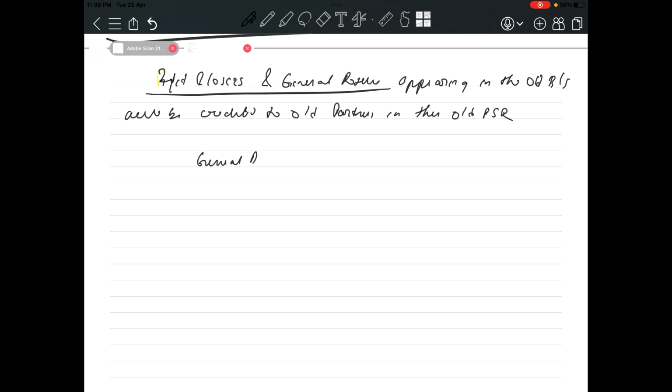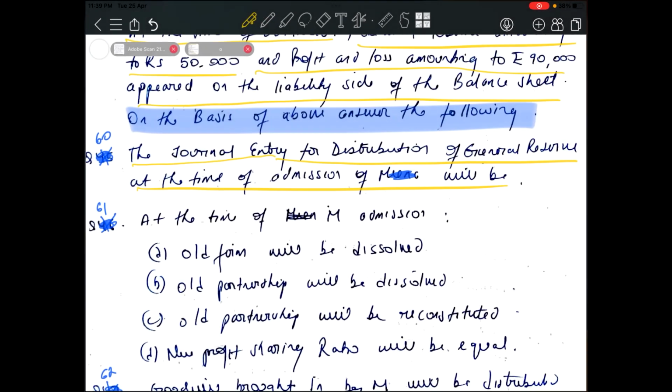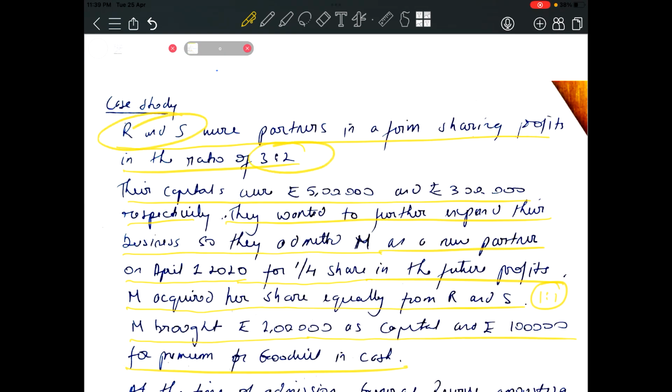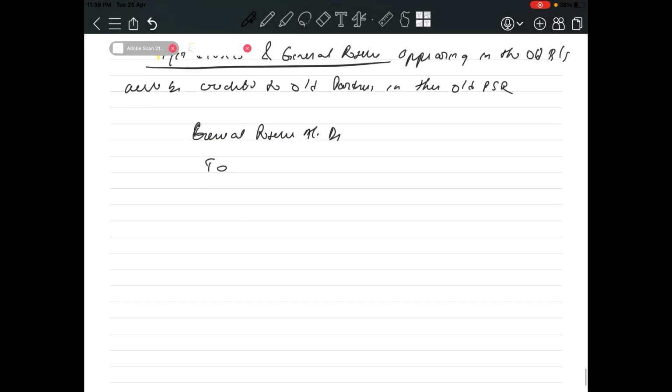General reserve account debit to old partners. Who are the old partners? R and S, and 3:2 is the ratio. Okay, to R's capital account, to S's capital account.